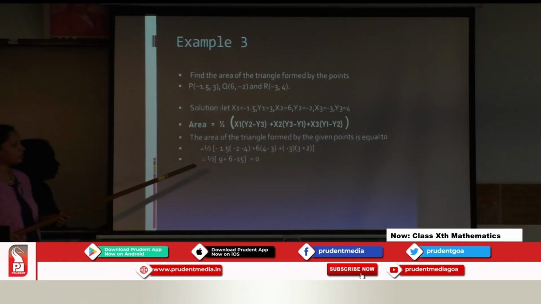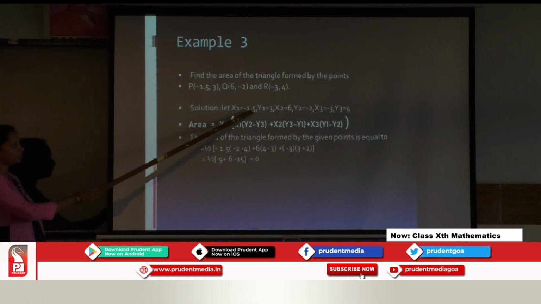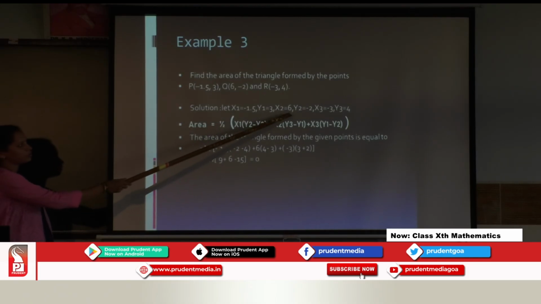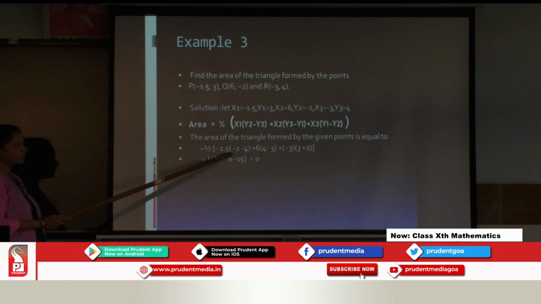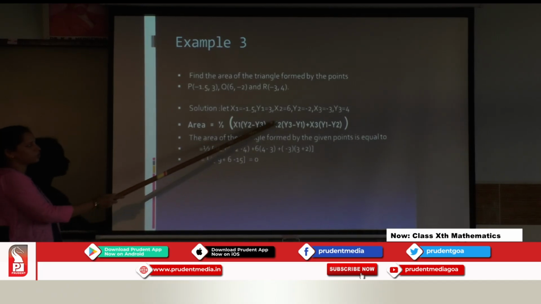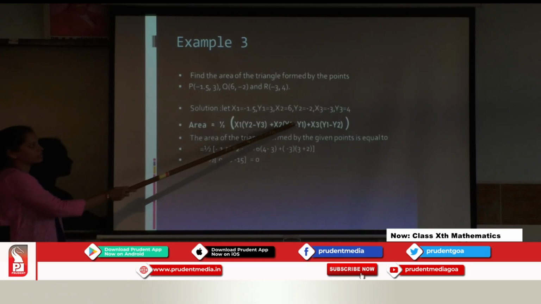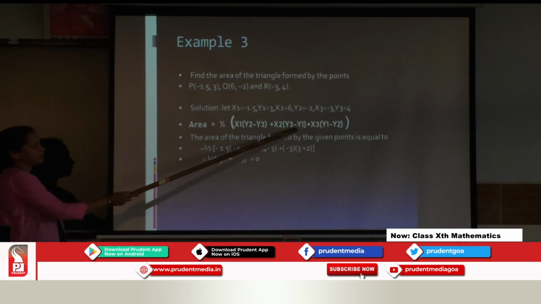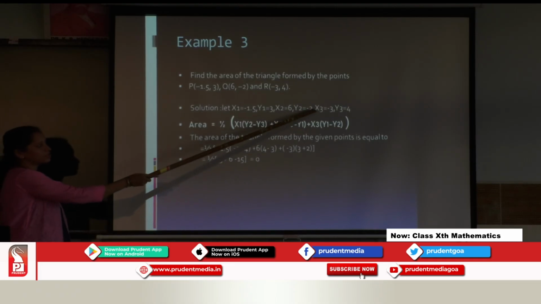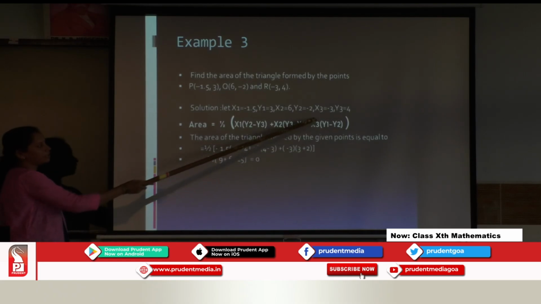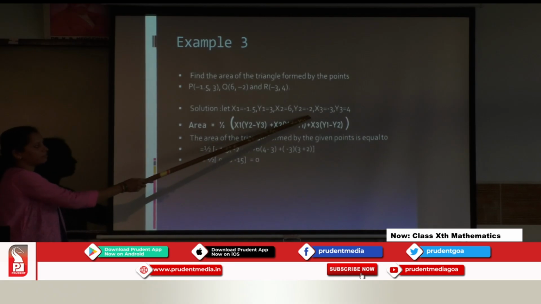So, the area of the triangle formed by the given points is equal to half into -1.5 into (-2 - 4), that is, x1 is -1.5 and y2 is -2, and y3 is 4. Then plus x2 = 6 into (y3 - y1) = (4 - 3), plus x3 = -3 into (y1 - y2), where y1 is 3 and y2 is -2.